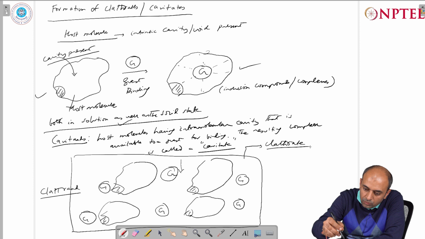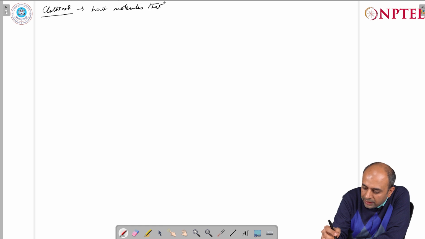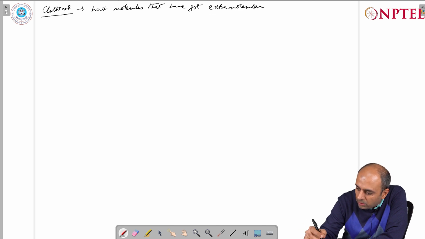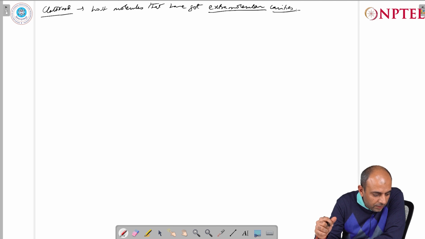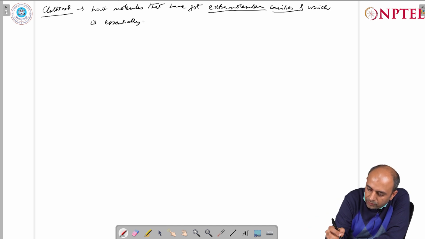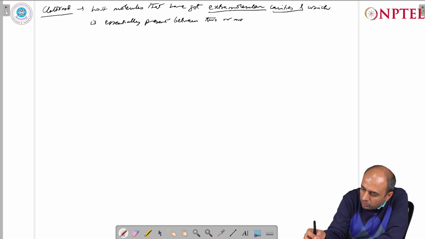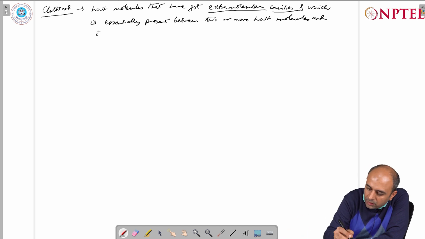Okay. So what is a clathrand? These are the host molecules that have got extramolecular cavities, whereas the cavitand has got an intramolecular cavity, this has got an extramolecular cavity, and which is essentially present between two or more host molecules and is of relevance in the solid state.